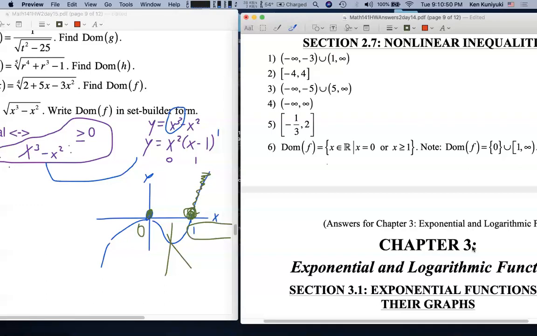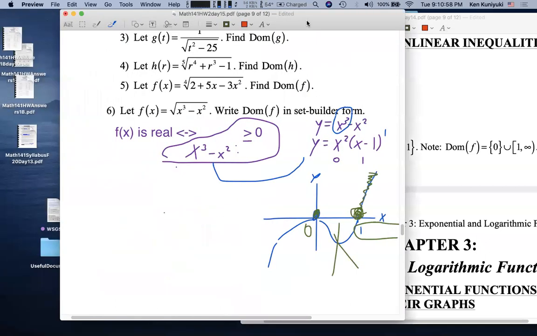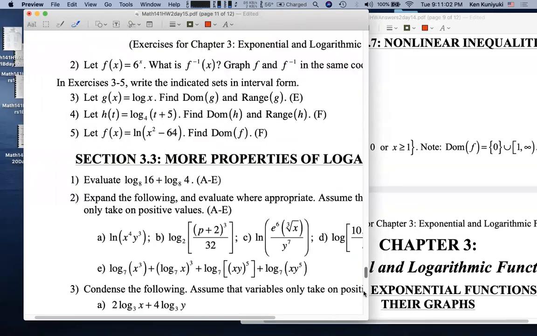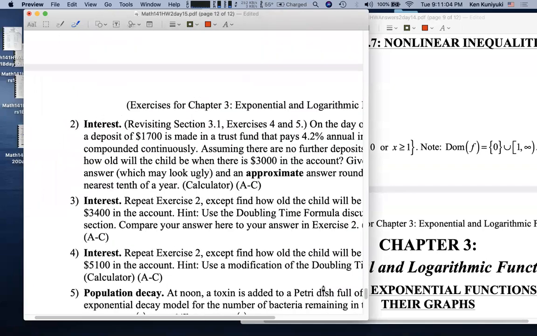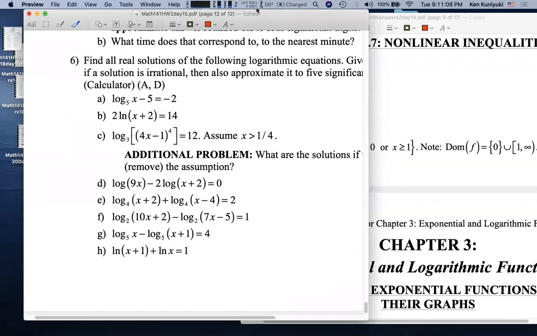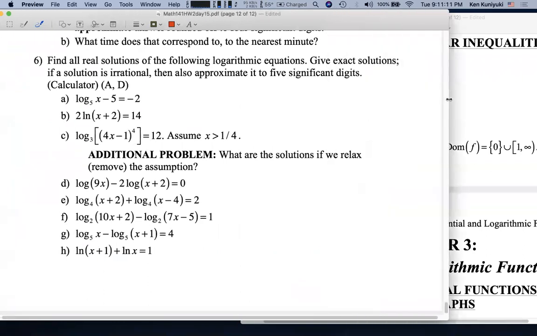All right, so going to the 3-4 section, number 6. Oh, and please, I want to remind people, and I'll remind you of this next time as well. When I say additional problem, the additional problem is this piece here.